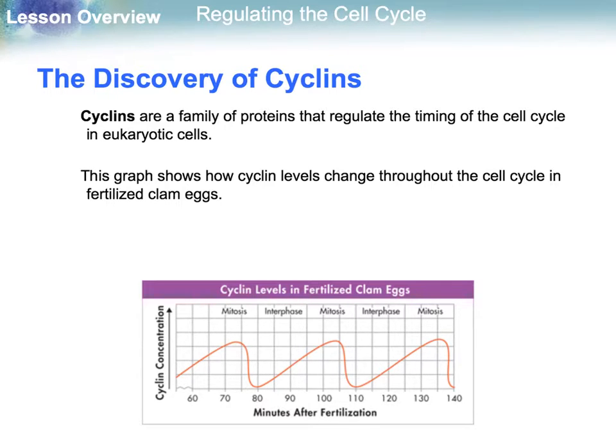If you look at the graph, you will see an increase in cyclin content, and then it decreases rapidly, and then it slowly increases, decreases rapidly, slowly increases. Those correspond to mitosis and interphase, and then mitosis and interphase. So when we look at how this material regulates the cell, it tells it when to do the division.